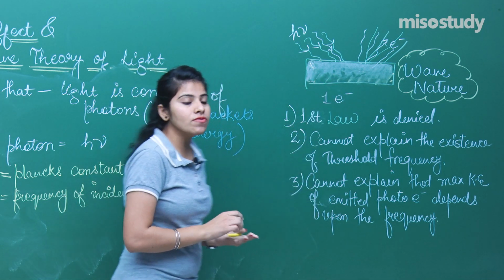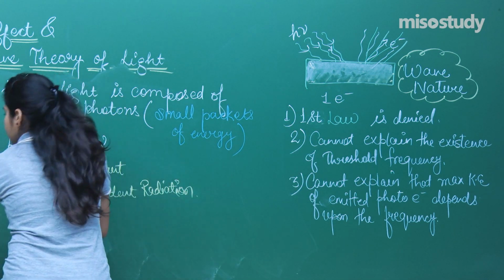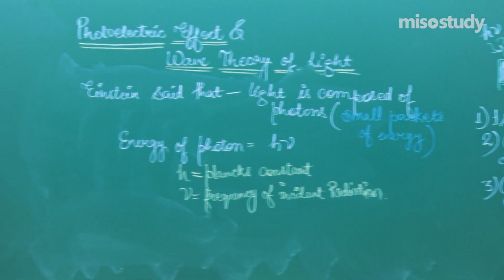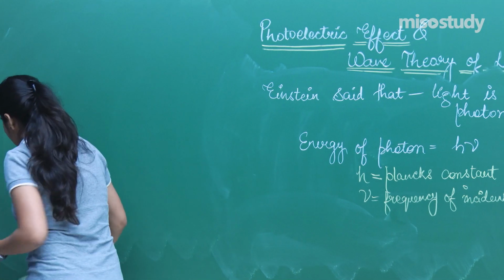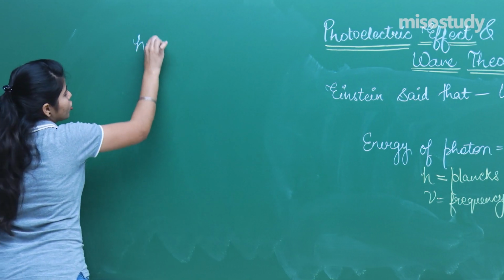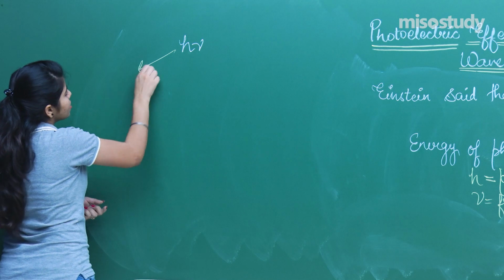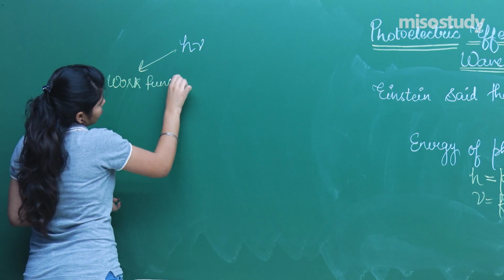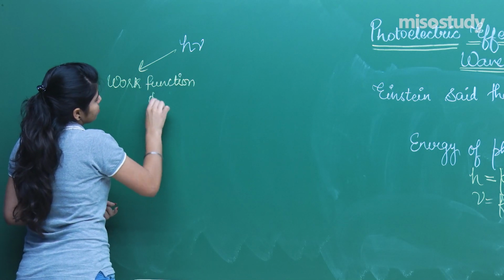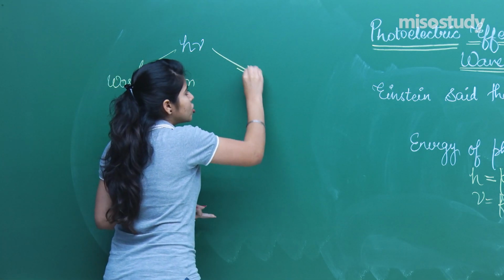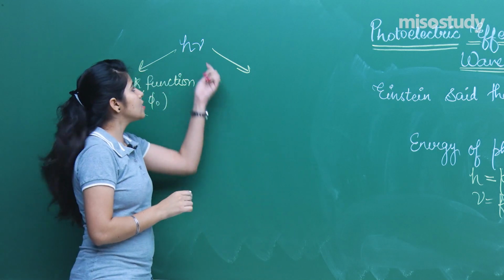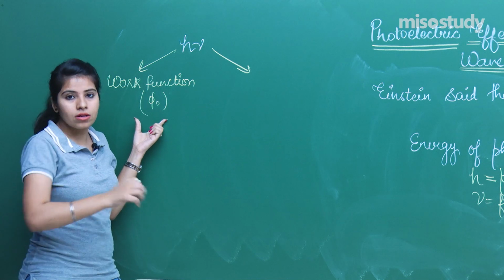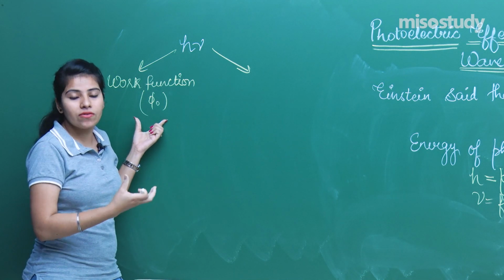So half of the energy will be used up in, let me just write over here, this was the energy, that is h nu. One part of the energy is used in overcoming the work function, that is phi naught, and the energy which is remaining, total energy was h nu, it was falling upon the surface. Part of the energy is used in overcoming the work function.